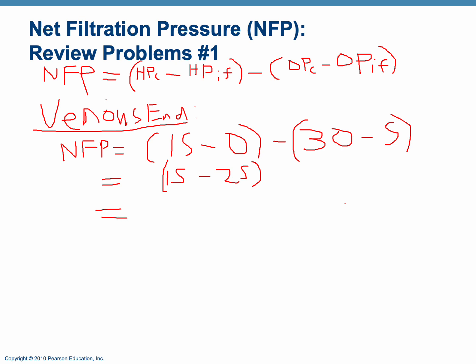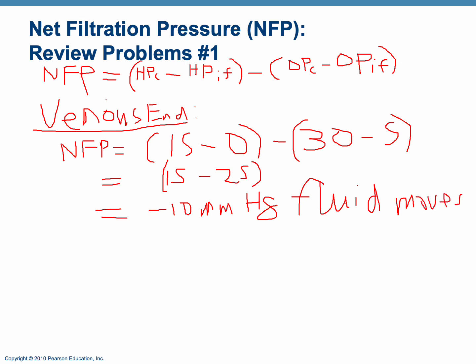When we do that, 15 minus 25, ultimately we get an answer of negative 10 millimeters of mercury, referring to the effect that the fluid moves into the capillary bed.